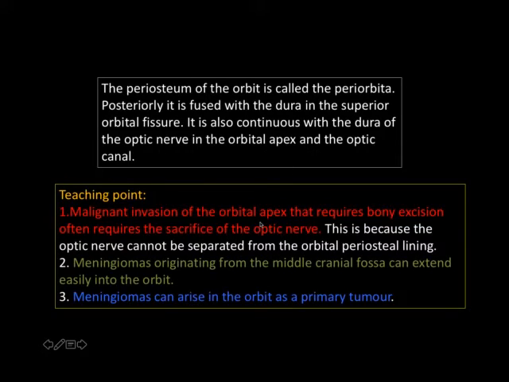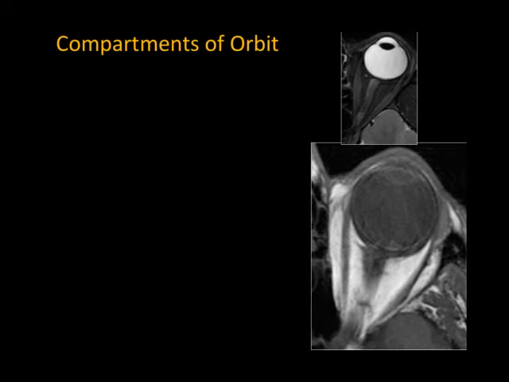Because the dura is fused, the important point here is whenever there is malignant invasion of the orbital apex and it requires bony excision, the optic nerve has to be sacrificed because you cannot separate the optic nerve and dura at the superior orbital fissure. Meningiomas originating from the middle cranial fossa can easily extend into the orbit via this dura, or meningiomas can arise from the orbit itself from the dura around the optic nerve.